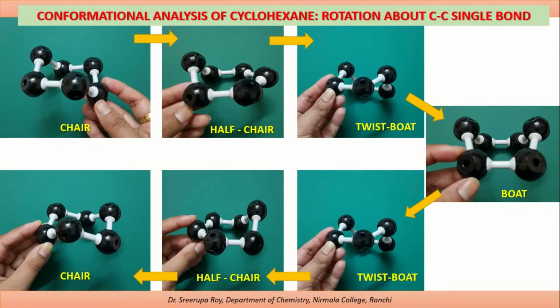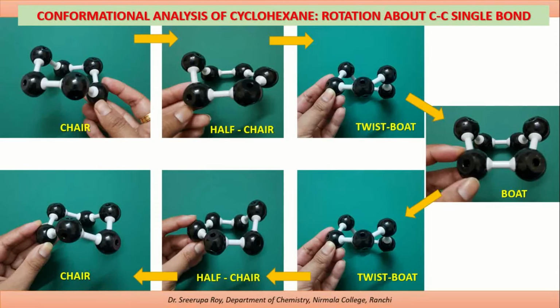Rotation of carbon-carbon single bond in the chair form gives rise to the half chair conformation, which then gives the twist boat conformation. Rotation of the twist boat conformation gives the boat conformation. Thereafter, rotation of carbon-carbon single bond in the boat form gives the twist boat form.